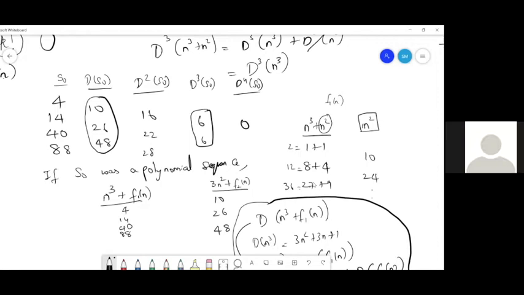Successive difference is necessary because it helps you find the coefficients in the final expression for a given sequence. Without successive difference, we can't form a linear equation, right?